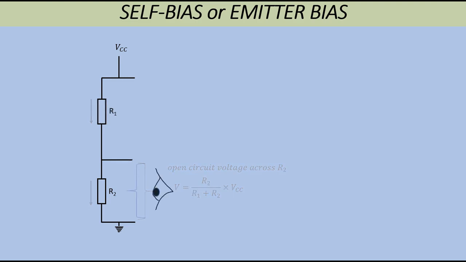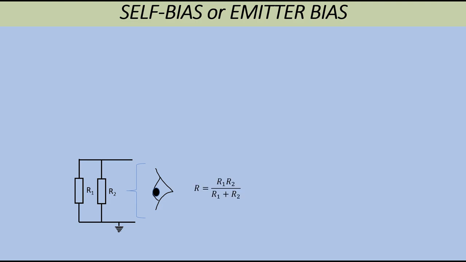The other thing we need when applying Thevenin's theorem is to look back into the terminals and determine the output resistance. Effectively these two resistors sit in parallel to each other via the battery, so the combined resistance of these two is R, where R is R1 times R2 over R1 plus R2, the simple parallel resistance formula.